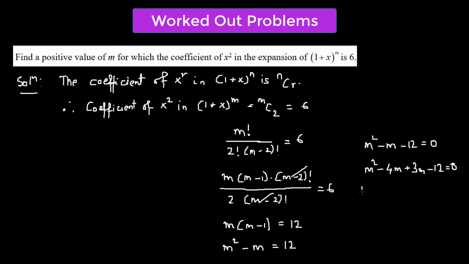We factor out m from the first two terms, so we get m times (m - 4), and then we factor out 3 from the last two terms, so we get 3 times (m - 4). Now we factor out (m - 4), and that leaves us with (m + 3), which is equal to 0.